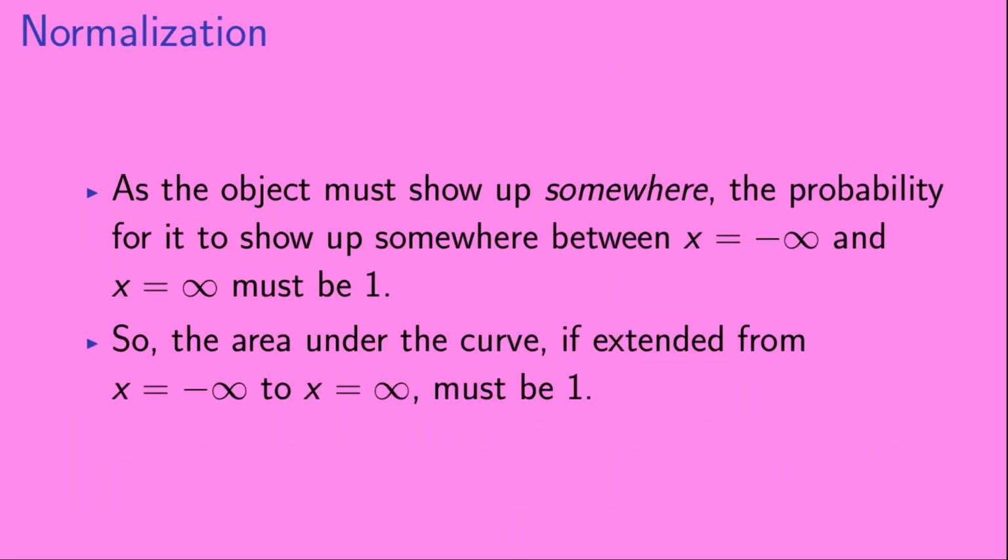Now, as the object must show up somewhere, the probability for it to show up somewhere between x equals minus infinity and x equals infinity must be 1. So the area under the curve, if extended from x equals minus infinity to x equals infinity, must be equal to 1.